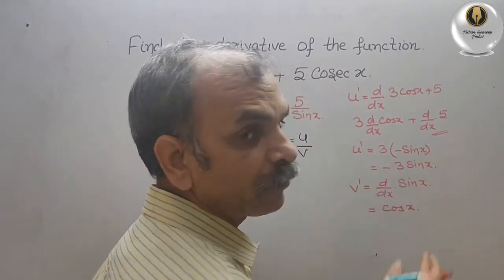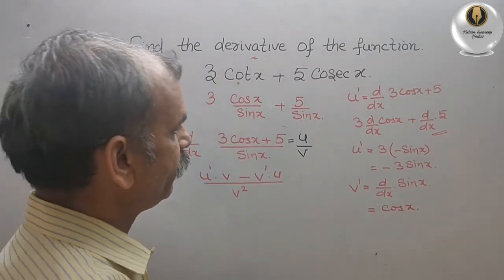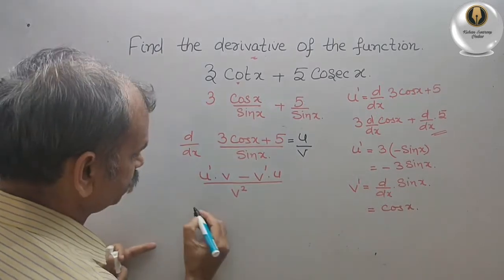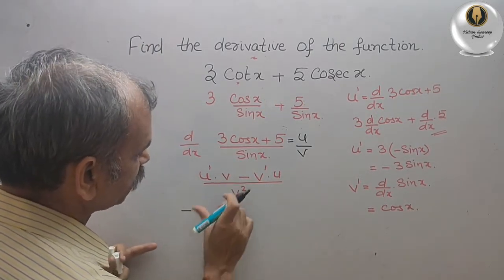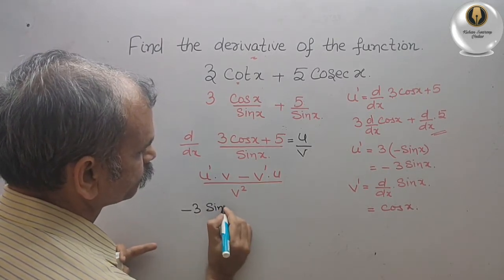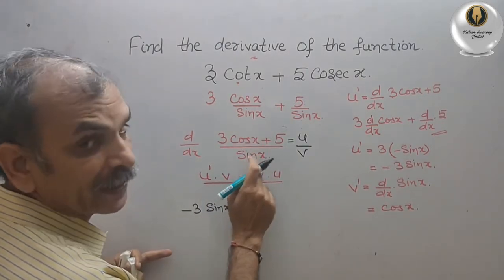Now substitute these values in our equation. What will we get? We will get u dash, which is minus 3 sin x, into v. V is sin x.